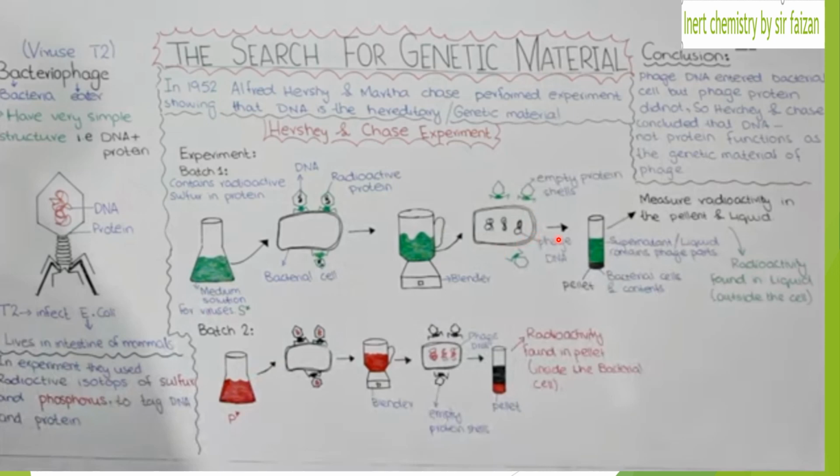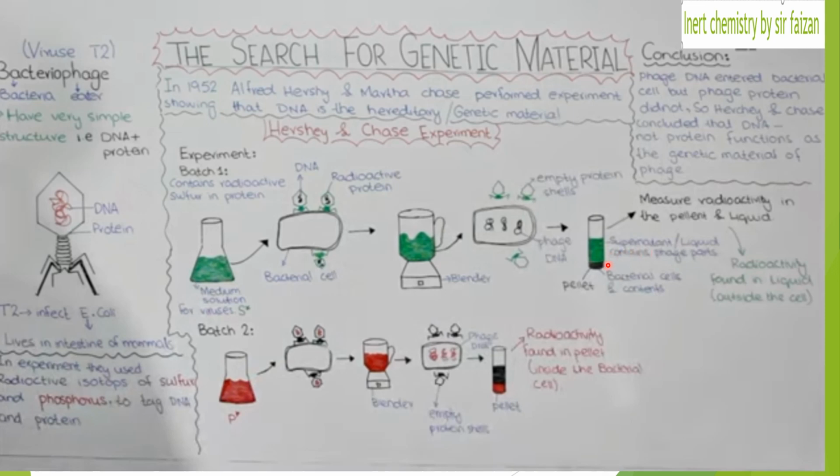Then they use the centrifugation technique. When they centrifuged this material, the heavy bacterial cells remain in the lower layer, also called the pellet, and the lighter virus particles, or viral particles, come in the upper liquid that is called the supernatant.